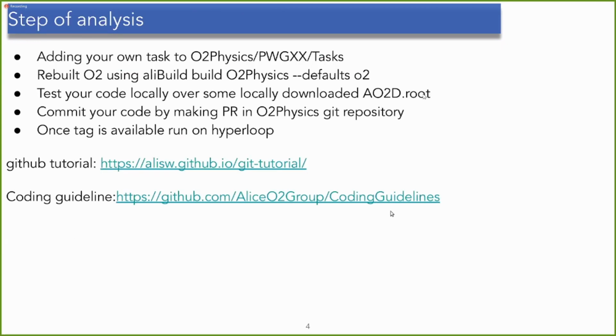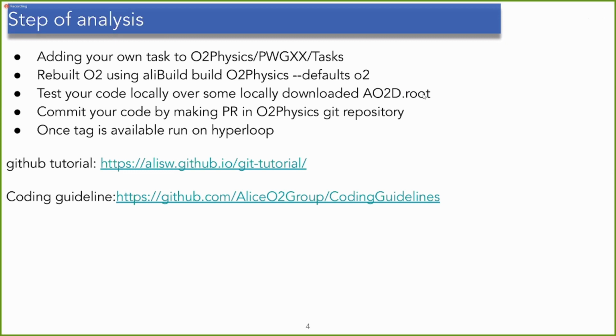Now, what are the basic steps for doing the analysis in O2 or in run 3? The steps are the following. First, we need to add our analysis task in any existing directory of O2Physics. Under O2Physics, you will find several directories representing several PWGs like PWGCF, PWGLF, PWGHF, and so on.